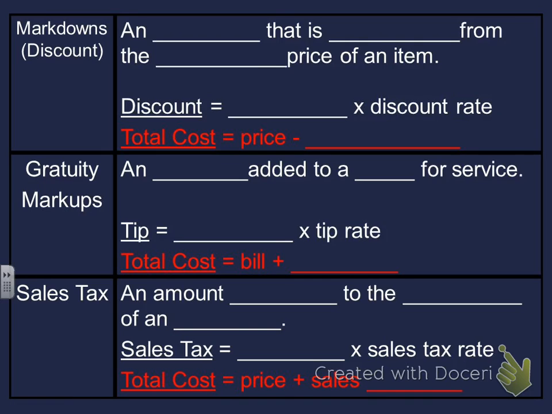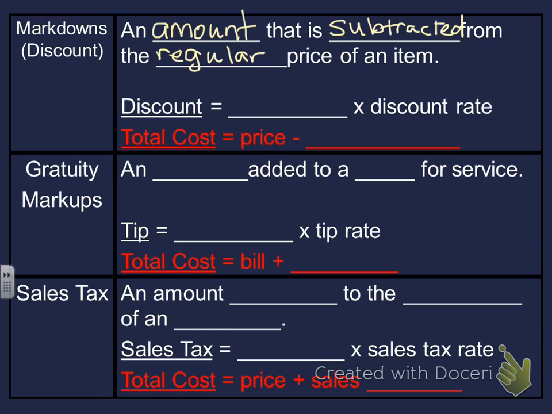A markdown is a discount. Those of us who like to shop love to find markdowns and discounts on items. So a markdown is an amount that is subtracted from the regular price of an item or from the original price of an item.